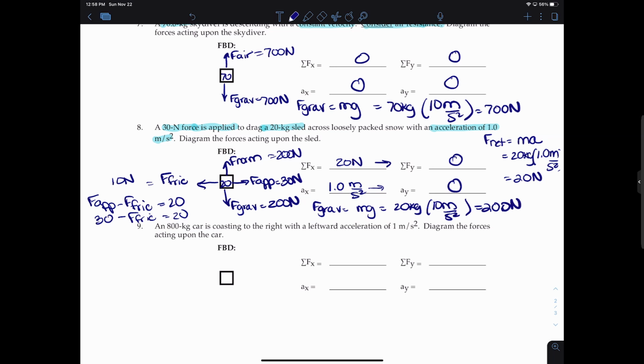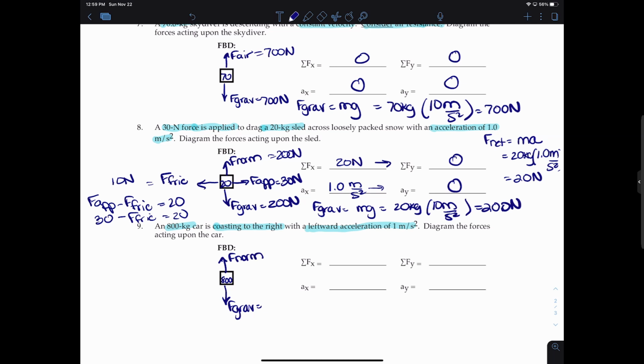I'm sorry this video is running a little bit longer, but I didn't want to split up the worksheet into two separate ones. So we've got an 80 kilogram car coasting to the right with a leftward acceleration of 1 meter per second squared. Okay. So it's 800. So F of gravity, F norm.